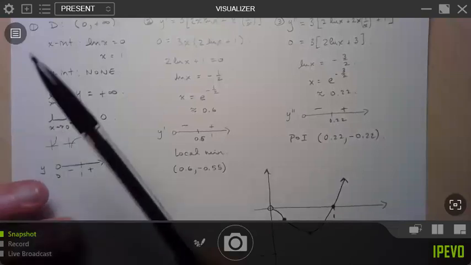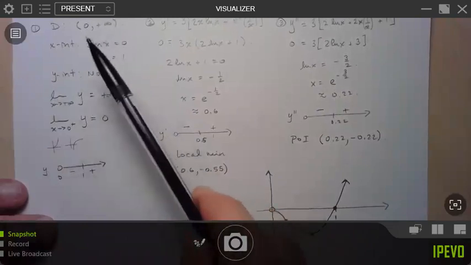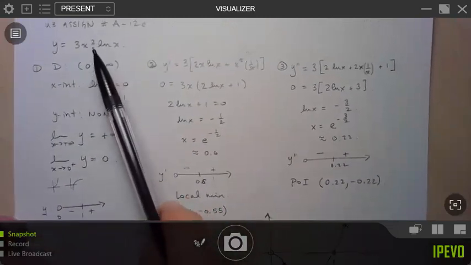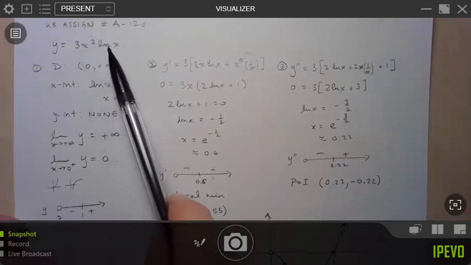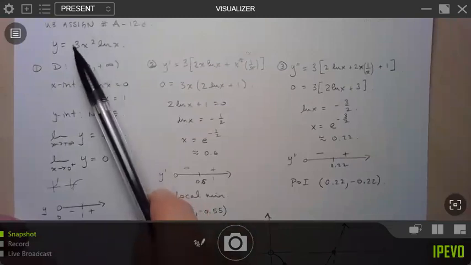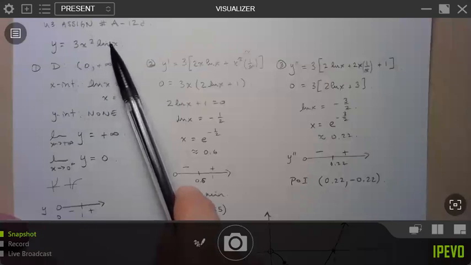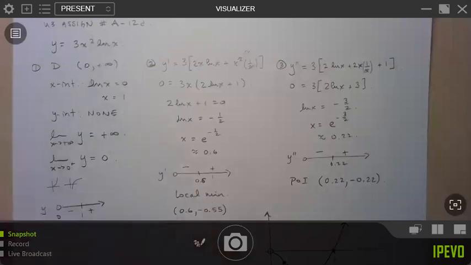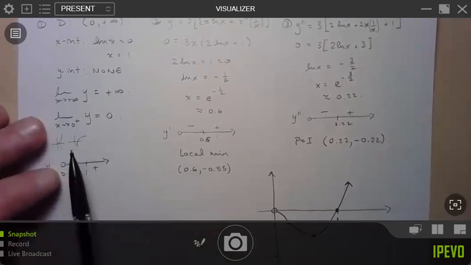What we know is that polynomials change quicker than logarithmic functions. So when I'm multiplying this number close to 0 by this number getting close to negative infinity, this is the one that's approaching 0 faster than this one is approaching negative infinity. So the end result is that this function is approaching 0 and not negative infinity.